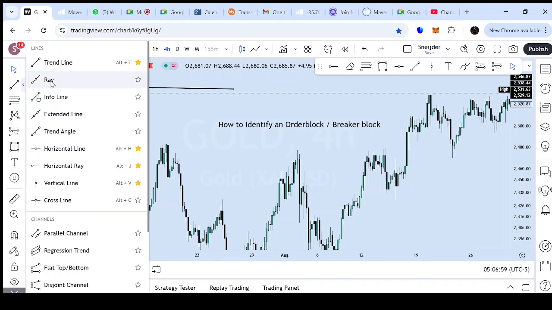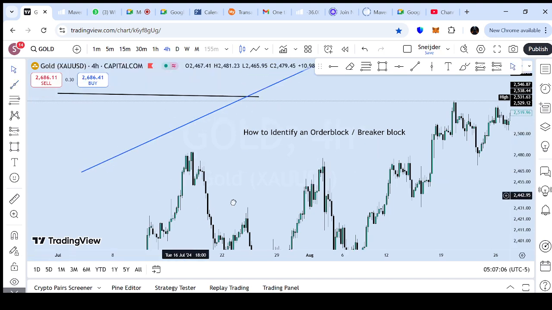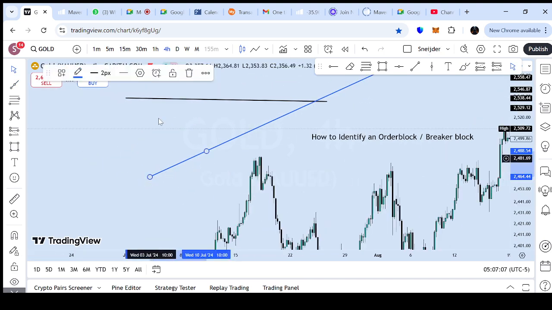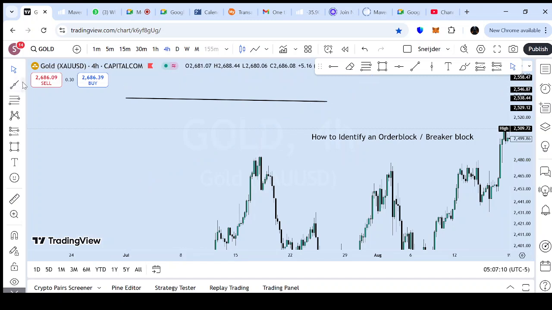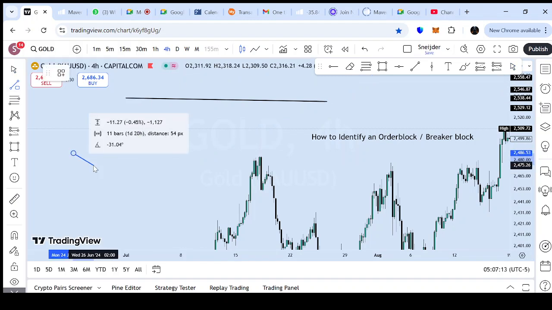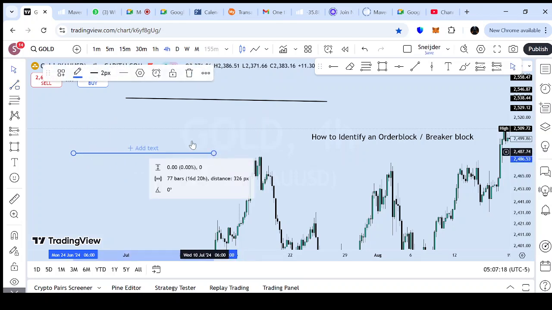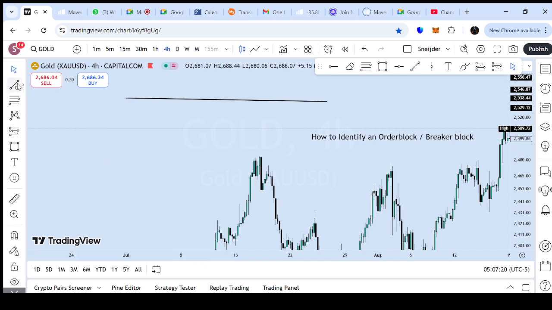Then for ray line, this second one, you can see something like this. For the info line, to get info, click on it. You want to measure something like a price action, like this movement from up here to down here.